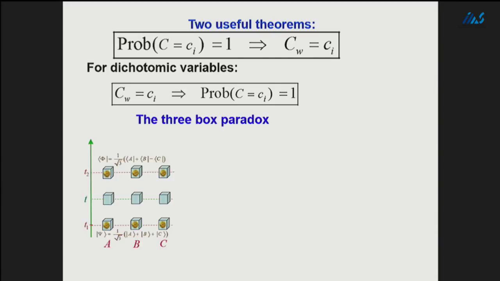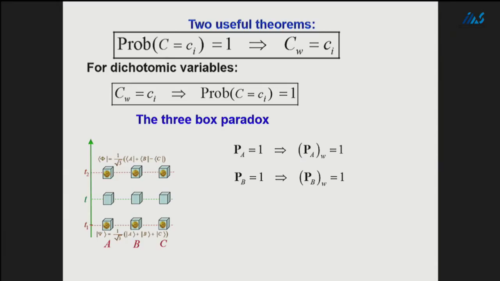My three-box is this kind of situation. We have this dichotomic variable, yes or no, present or not, a projection operator. And we know with certainty it's in A. Therefore, the weak value in A should be 1. We are certain it's in B. The weak value in B should be 1.